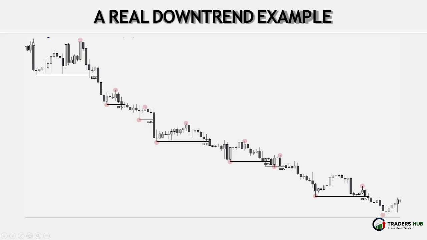This is lower high, lower low, lower high, break of structure, lower low, lower high, structure, lower low, lower high, lower high, break of structure, lower low, lower high, and yes, the sequence of lower highs and lower lows, lower highs, lower lows, lower highs, lower lows.